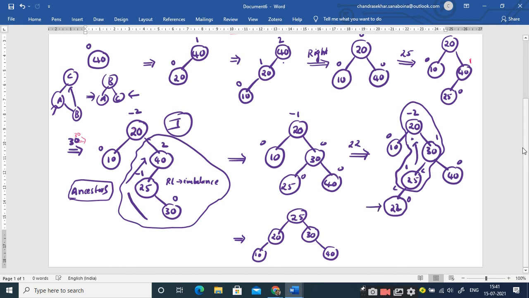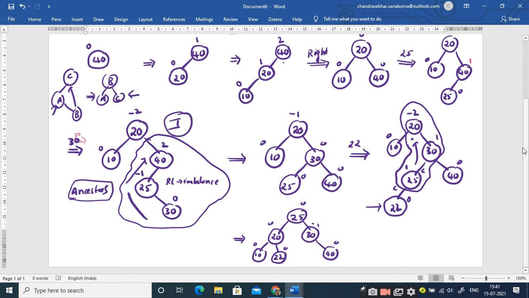Now where should I place this 22? According to the formula, it becomes right of 20, like this. Now if you find out the balance factors, it will be like this. Is it true or not?